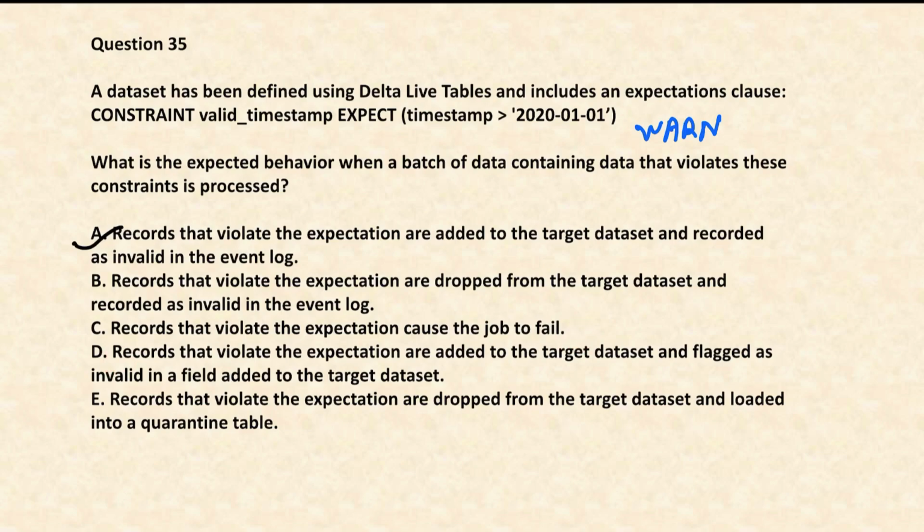Records that violate the expectation are added to the target dataset and flagged as invalid in a field added to the target dataset. No, it doesn't add it as a field. It is actually as an event log, basically. Then records that violate the expectations are dropped from the target dataset and loaded into a quarantine table. Not correct. So the right answer for this is option A.